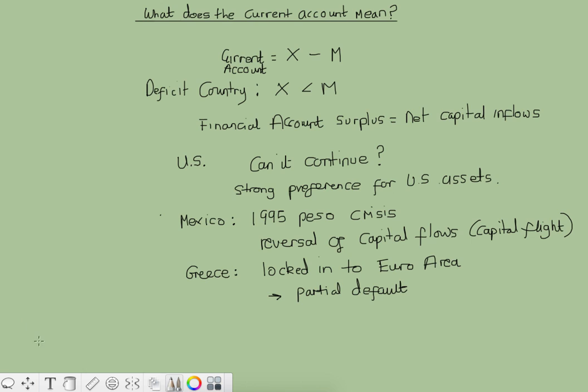So people got kind of stiffed out of some of the money in Greece, but they didn't have the ability to devalue against a strong country like Germany because they were locked into a fixed exchange rate mechanism via the euro area. So the US has a lot of privilege as a deficit country.